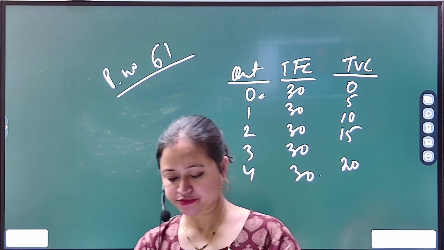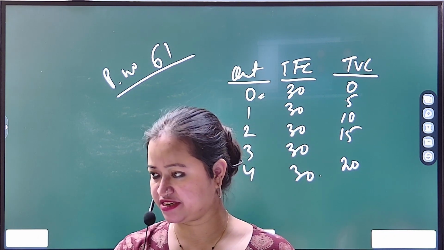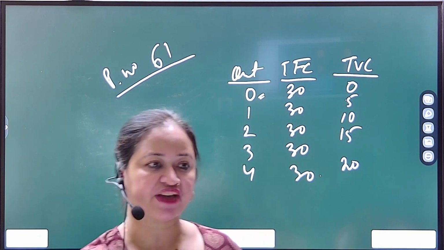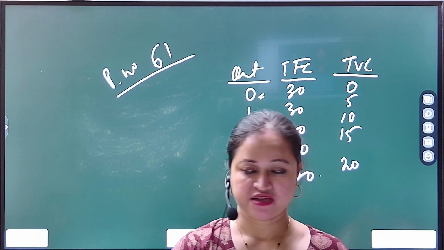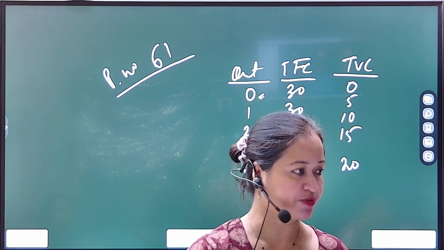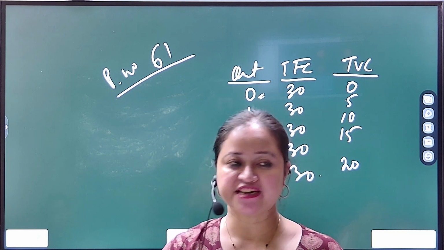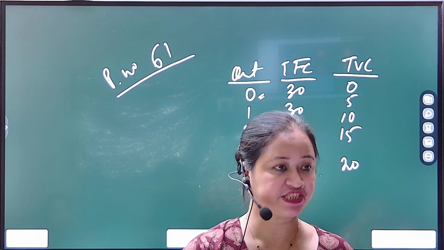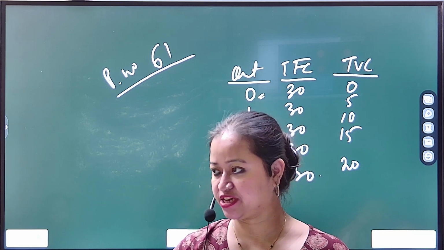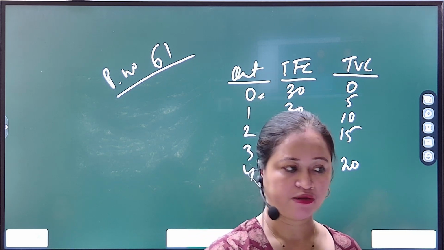Then point number 2, fixed costs are related with fixed factors, and variable costs are related with variable factors, like payment of wages to the laborers, or purchase of raw material. So as much as you want to produce, that much raw material you will purchase. So more if you want to produce, more raw material you will purchase, so variable cost will be more.